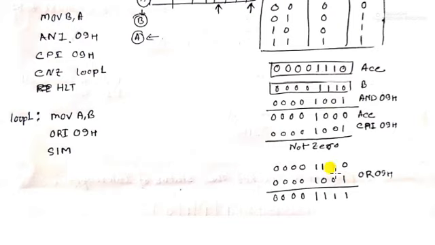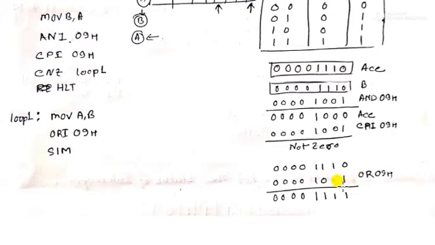That is 0 0 0 0 0 1 1 1 0, and do an OR operation with 0 0 0 0 1 0 0 1, that means 09.